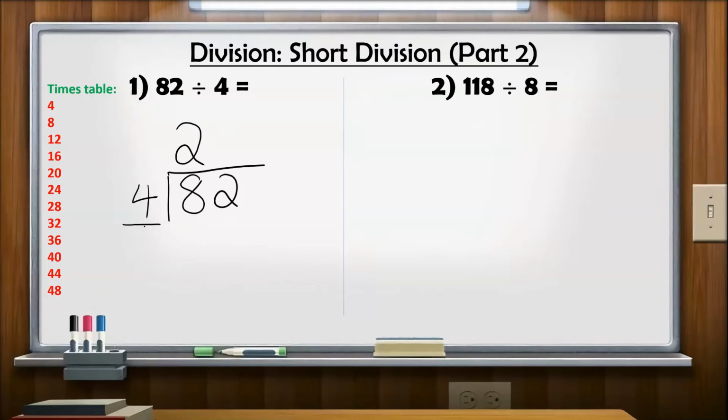Now moving on to the next digit. I want to know how many 4s are there in 2. Looking at my times table, you can see there is none. So we will place our 0 here like this. However, you may notice that we have a remainder of 2 which needs to be carried over, but there is no number to carry it over to.